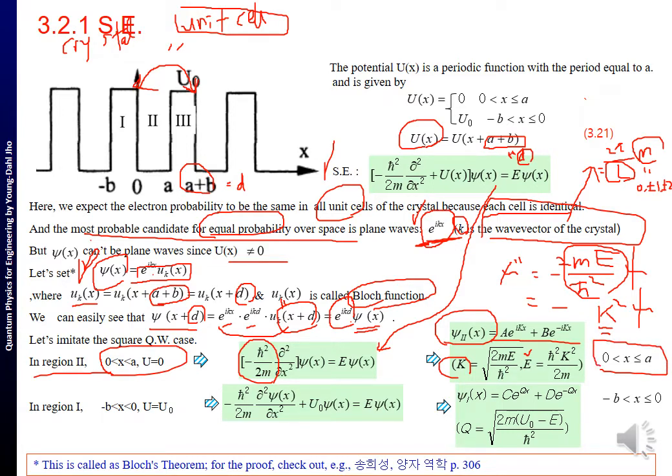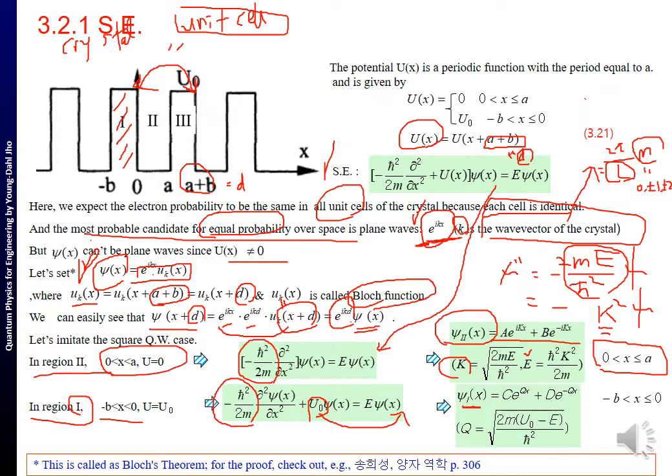In region 1, this region, the potential is U0. In this case we move this onto the right-hand side, and then we divide both sides by minus h bar squared over 2m, and we solve the equation. Then you will have a wave function like this.